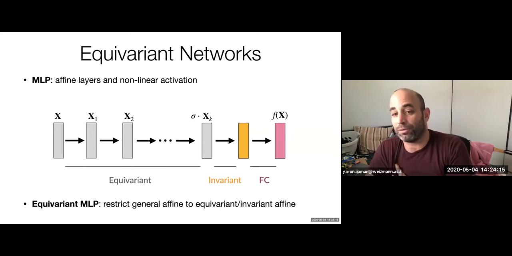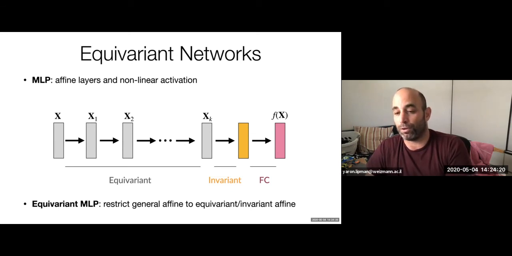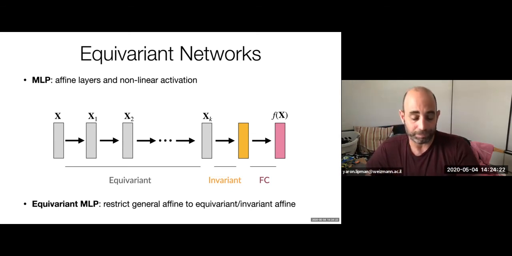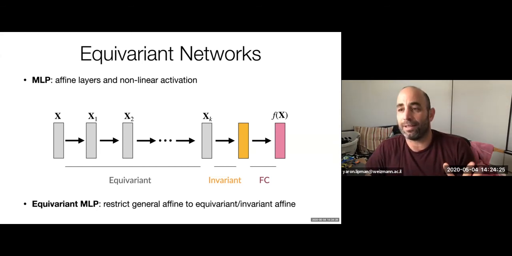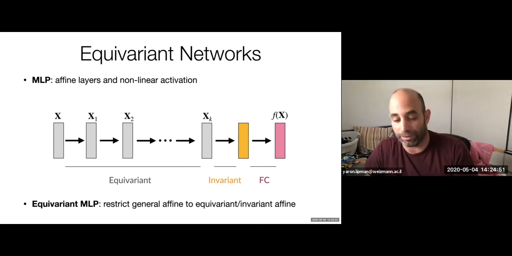Now, if we stop here, we get equivariance. But if we have an invariant layer, then we can also see that the output from the yellow part onwards is invariant. So the only thing I said here is that equivariance is something that sustains composition of functions. If I compose equivariant functions, then I get an equivariant function. So the fact that I use affine equivariant transformations, the nonlinearity is equivariant by construction, and equivariance is closed under composition, I can construct neural networks which are versions of MLPs which are equivariant or invariant.